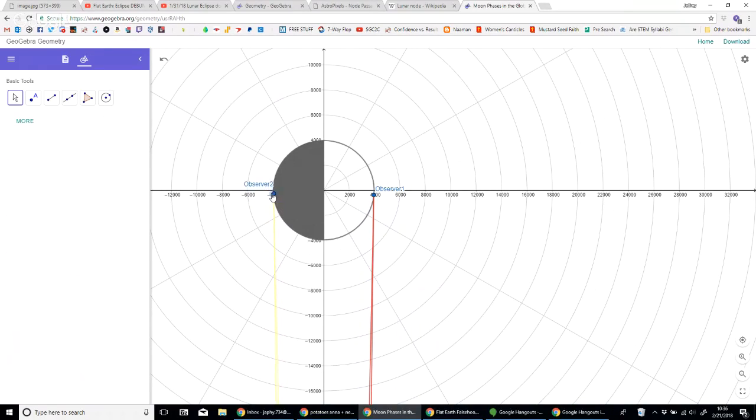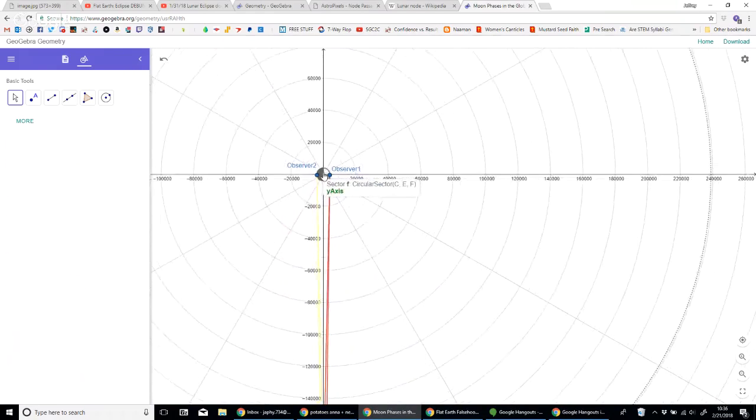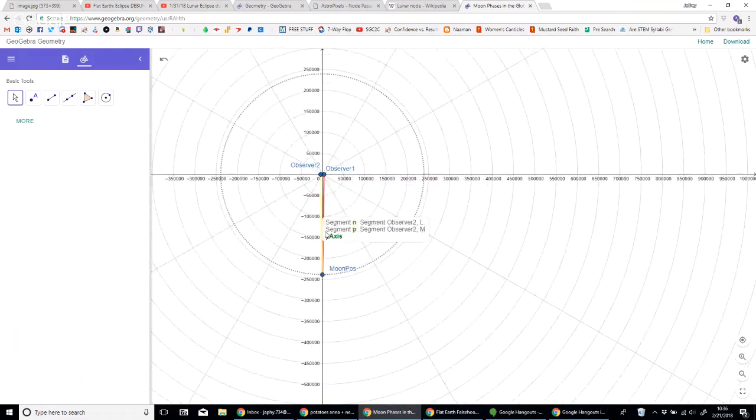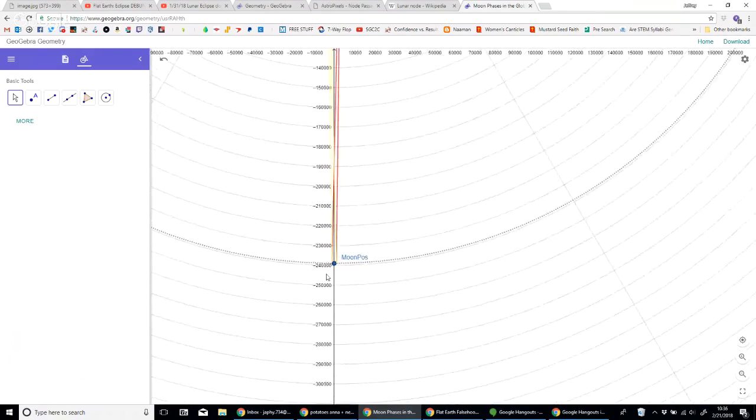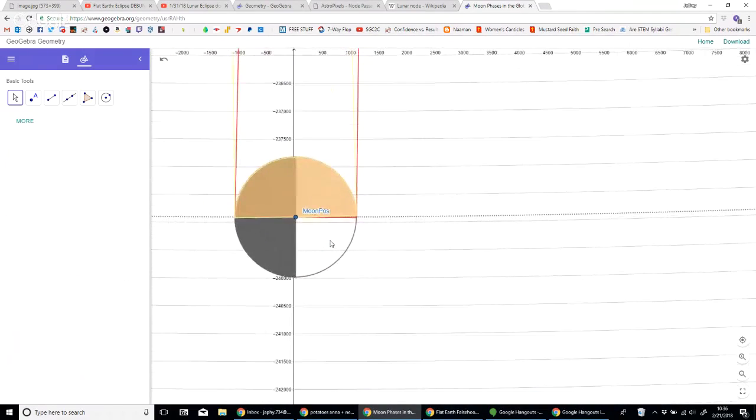We're going to put them just a little before. Okay. Both of them, at this point, can see what we would call either a first quarter or a third quarter moon. They see the moon half illuminated. Half of what they can see of the moon is illuminated.